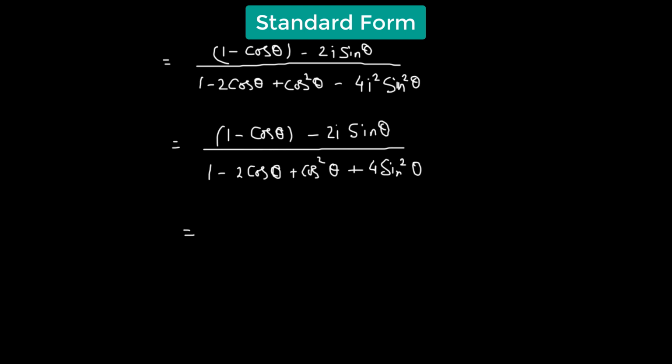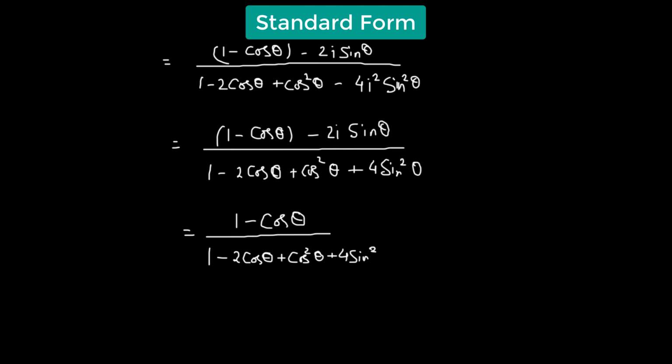Now, the final answer will be 1 minus cosine theta divided by 1 minus 2 cos theta plus cos square theta plus 4 sine square theta, because the denominator is now a real number.